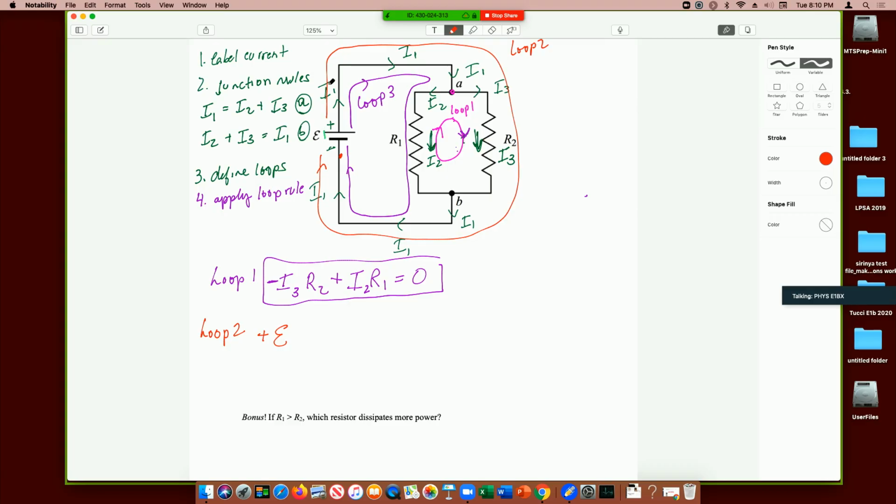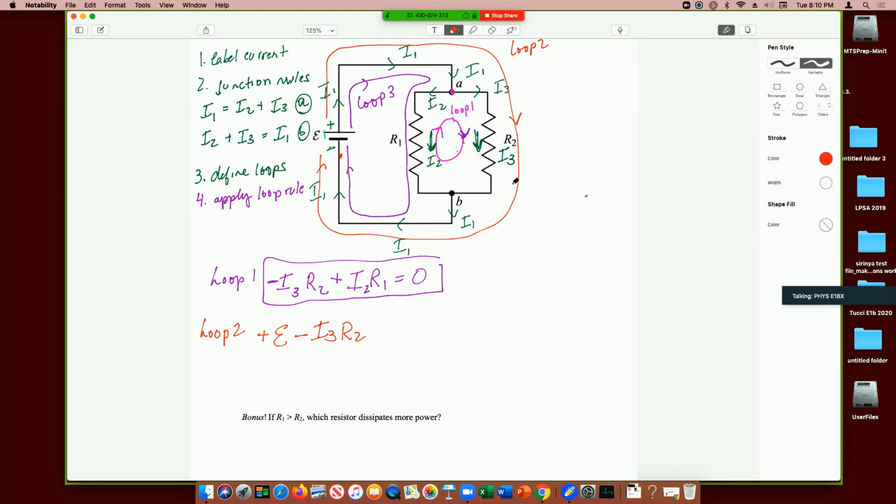And then I go around here. Happily, I don't meet any other components until over here, and the current is going in the same direction as the loop. So it's going to be minus I3 times R2, because that's how we labeled it.